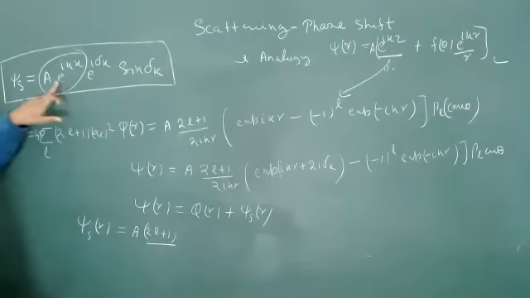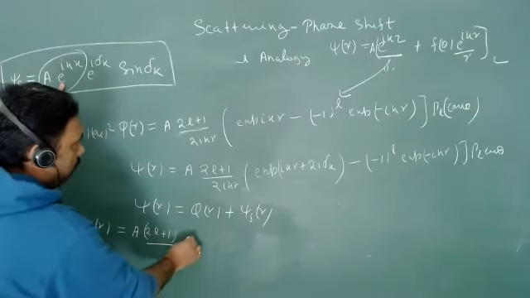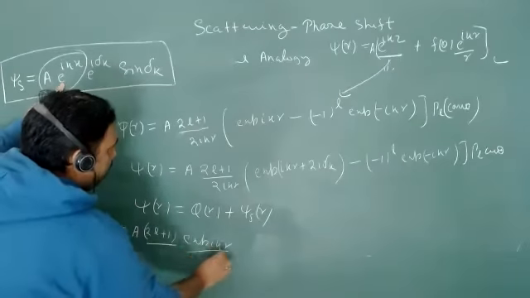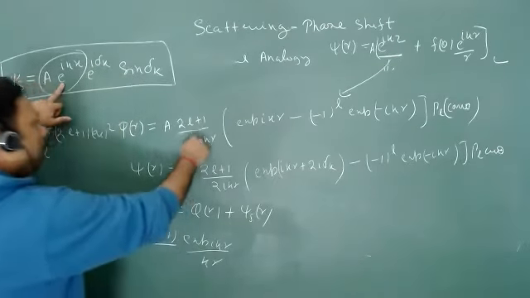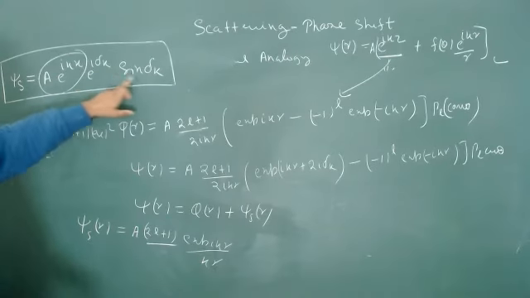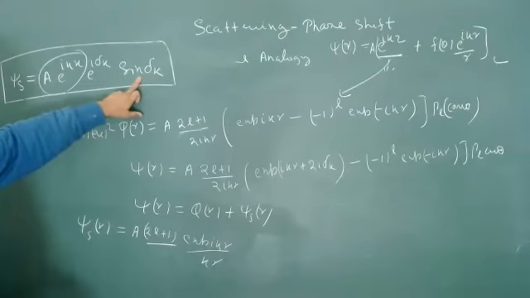Which wave is there, outgoing or incoming? Just tell me. Outgoing wave is there. So this will be exponential ikr upon kr, because 2i is also there. So 2i comes inside this, remember?